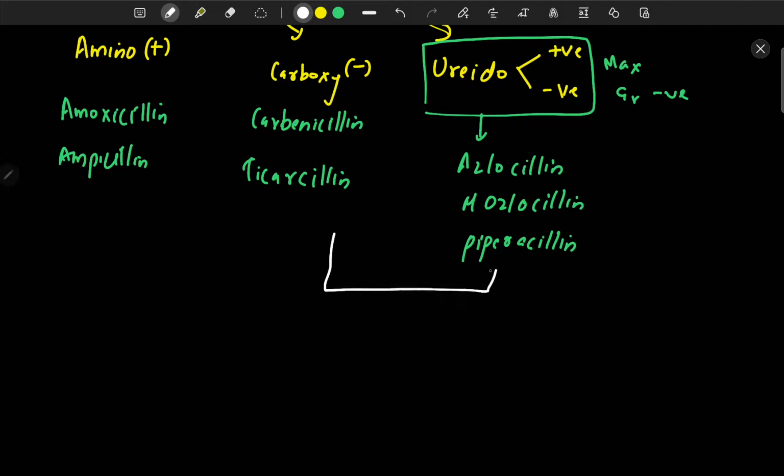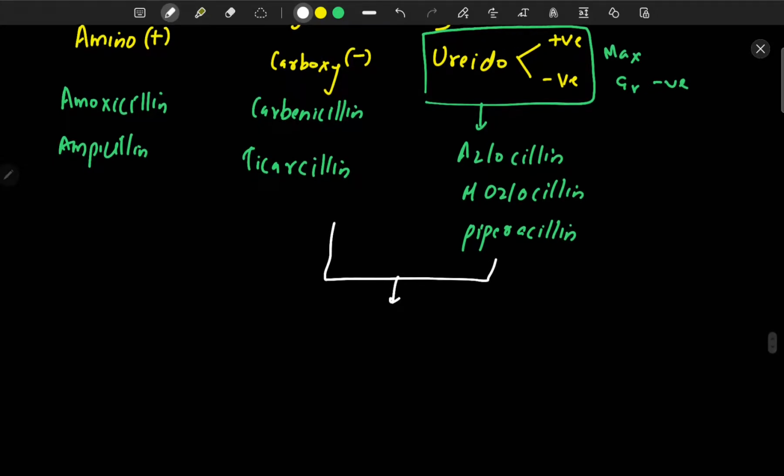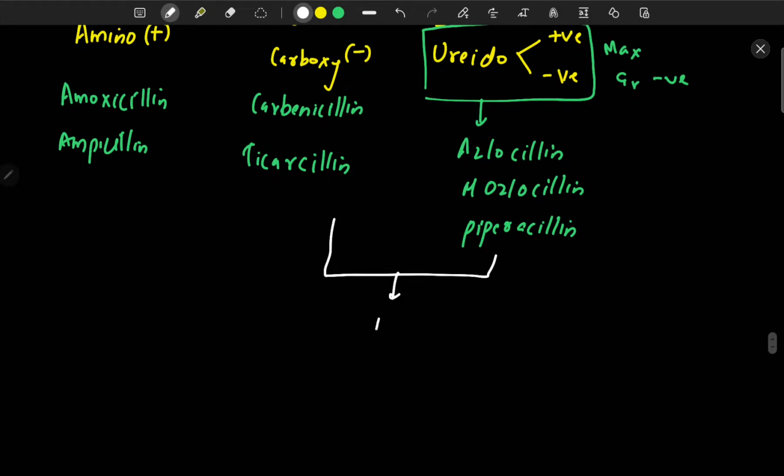These two groups of drugs can be used against pseudomonas. And moreover, both of these are given by parenteral route. Now about piperacillin.